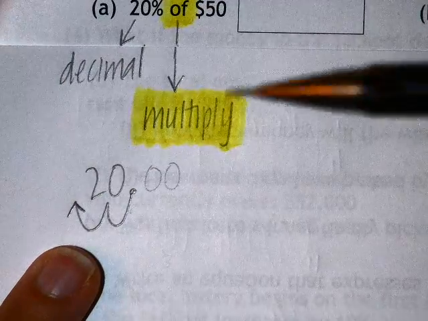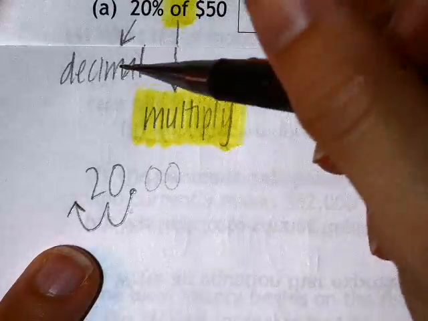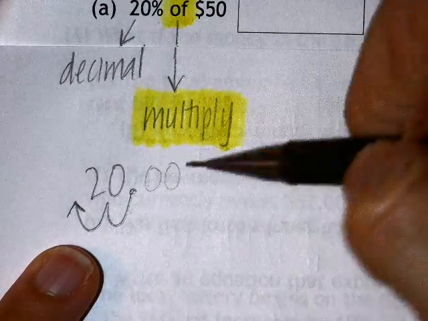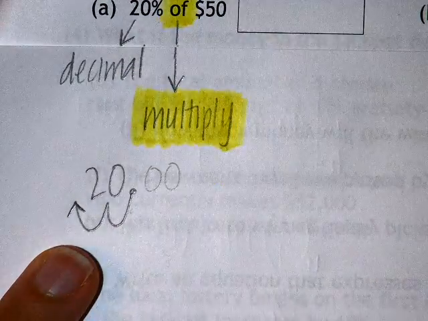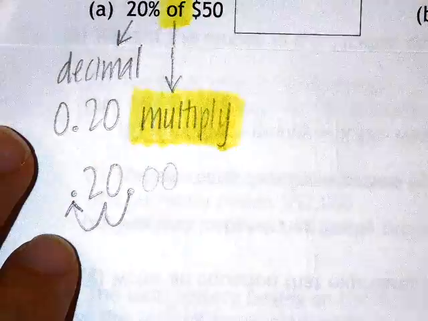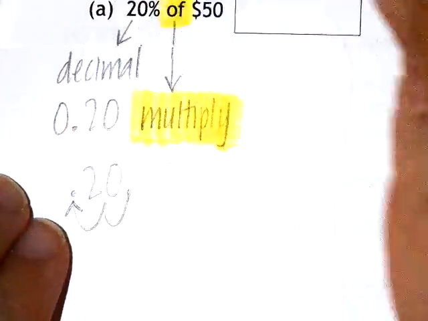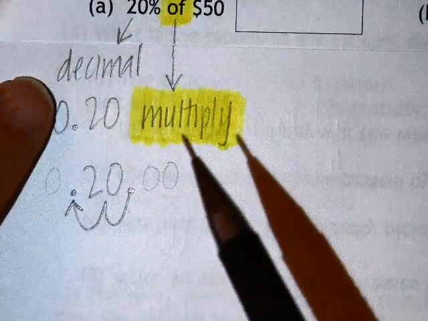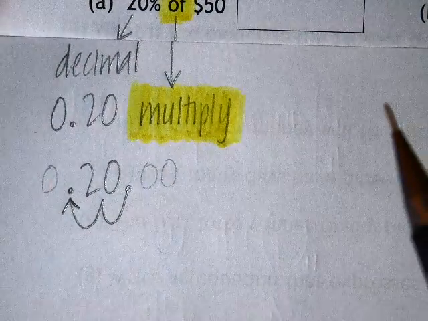That's always the rule for converting a percentage to a decimal: move the decimal point 2 places to the left. So the new decimal is going to be 0.20. You'll notice I put an extra 0 at the beginning. You don't have to put that. You can just call it .20, that's fine.